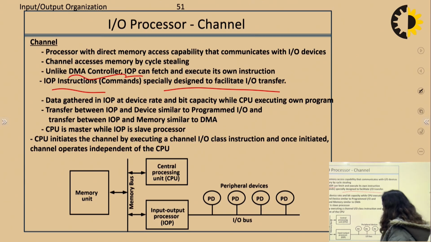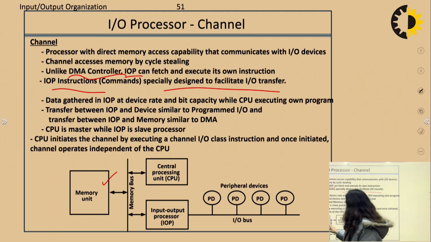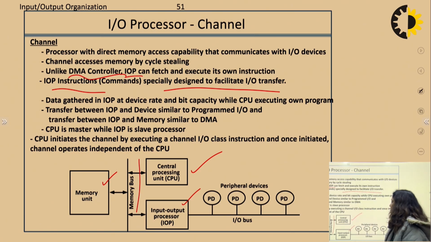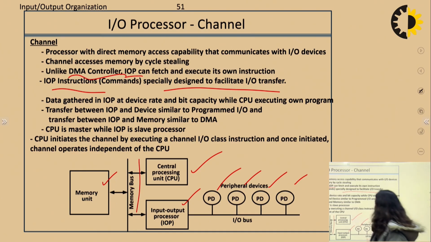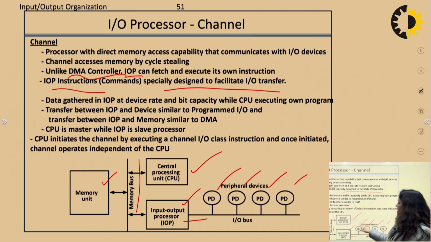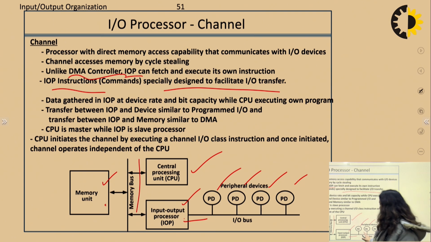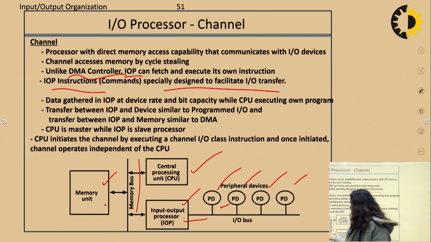As we can see in this diagram, we have a memory unit, a common memory bus, one central processing unit CPU, and an input-output processor which is connected to different peripheral devices. Although it is connected to these peripheral devices, it acts as an intermediate between the memory unit and the peripheral devices for transmitting data.